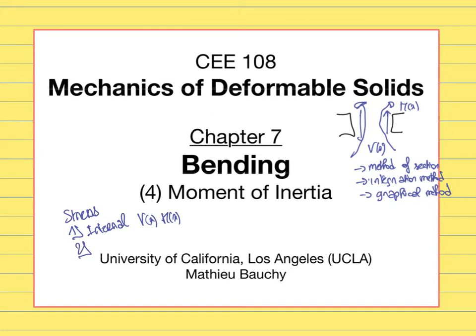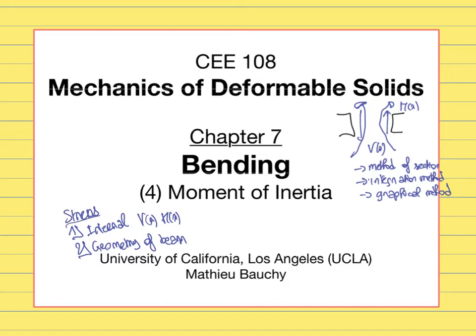But another important thing is the geometry of the beam. Just like what we saw in the axial load chapter and in the torsion chapter, the geometry of the beam and the internal loads are both important to determine the stress acting within a beam.